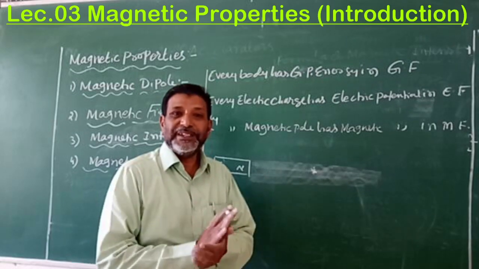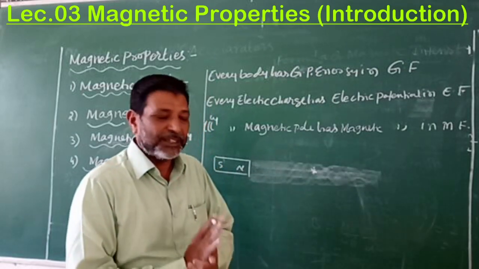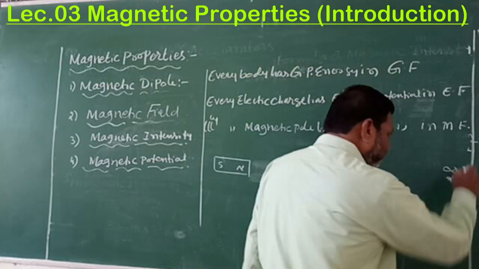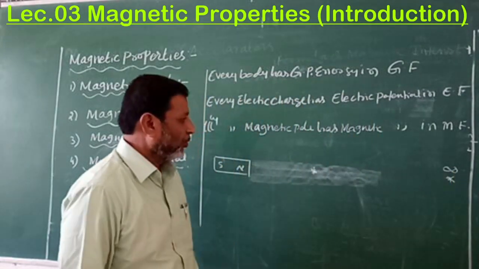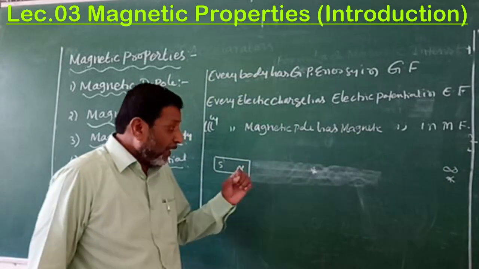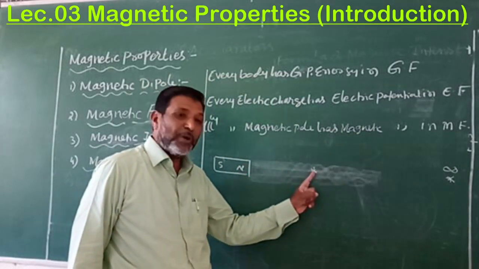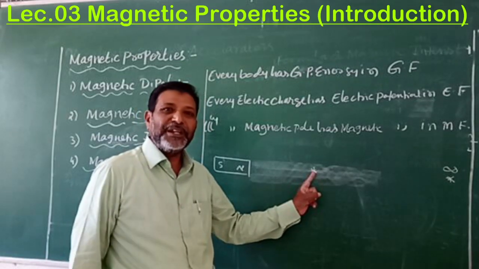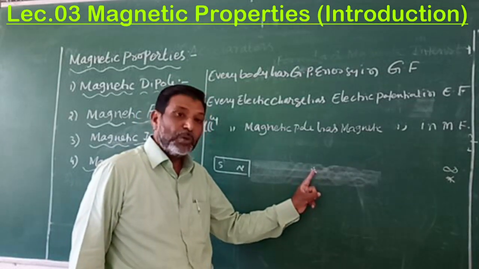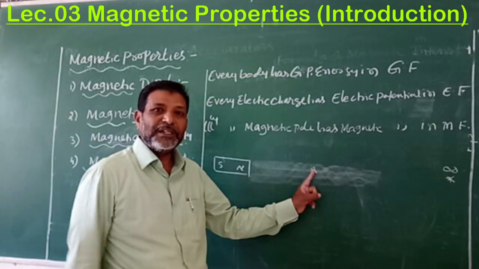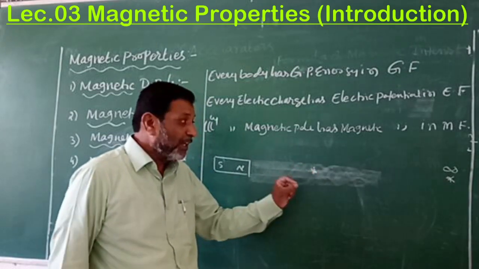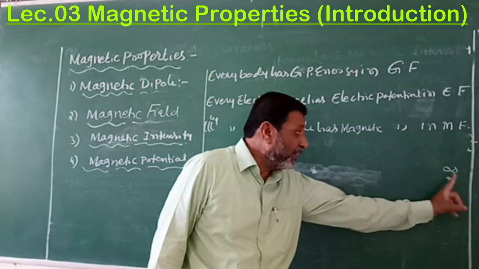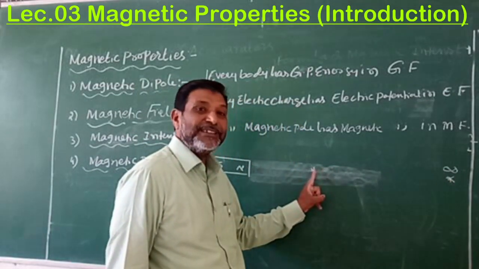Now, to define it, listen here. Suppose you consider this as the point of infinity. One by one, listen here. Magnetic potential at any point in the magnetic field is equal to the work done in bringing a unit north pole from infinity to the point against the field.